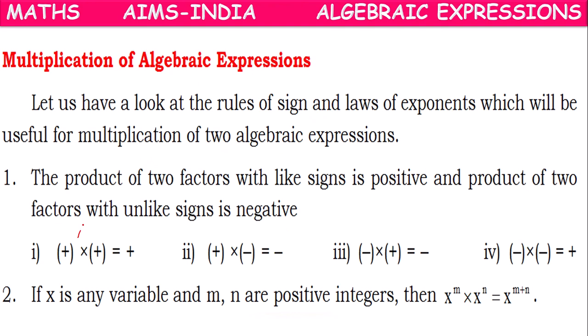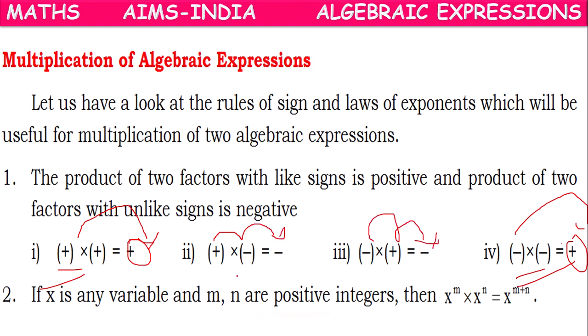Plus into plus always becomes plus, minus into minus always becomes plus. But plus into minus will become minus, minus into plus will become minus. Unlike signs always give a negative product.